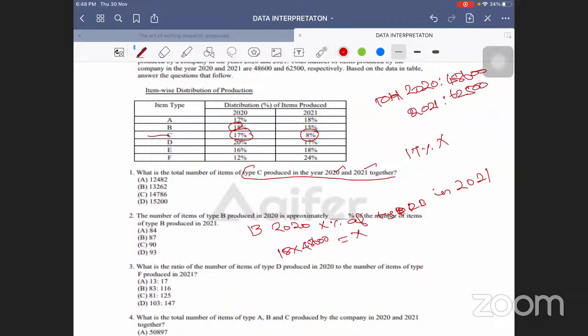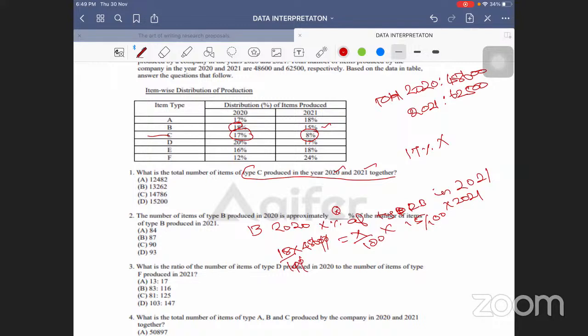We don't know X, so they are asking for X. We can take the unknown percentage as X. So X per 100 into type B in 2021. What is 2021? Only 15%. So 15 divided by 100 into the 2021 total. And 18%, 18 divided by 100, cancel. So remaining is 18 into 486.